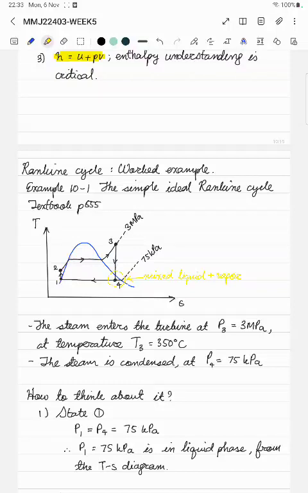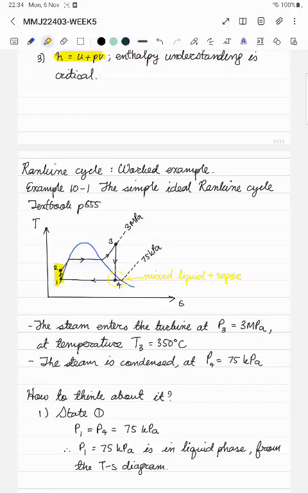Yes, it's page 555. First things first, if you look at the T-S diagram there, you have 1 to 2, which is a process of compression. That is isentropic. You compress the fluid, the liquid.